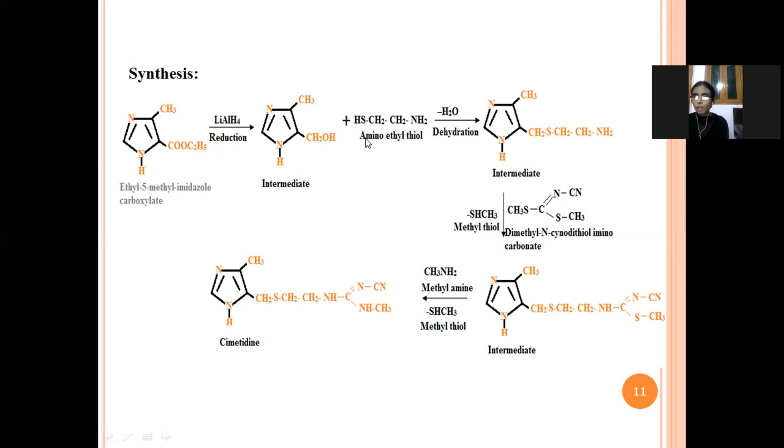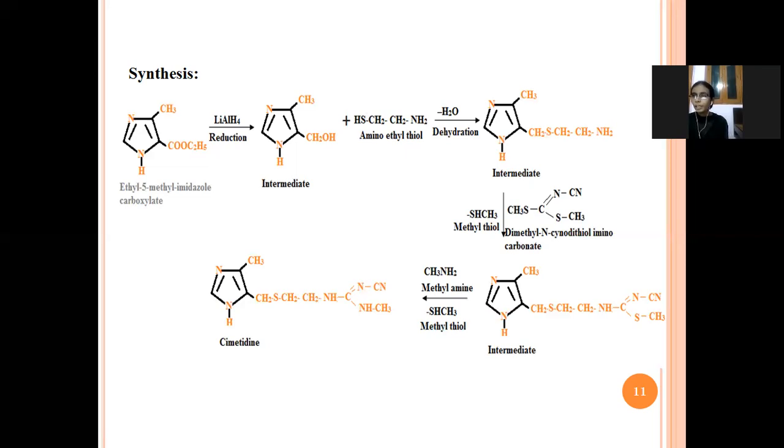So from the amino ethyl thiol, one of the hydrogens, and from the intermediate A, OH is eliminated in the form of water, and the remaining amino ethyl thiol is attached here to form the intermediate product B.